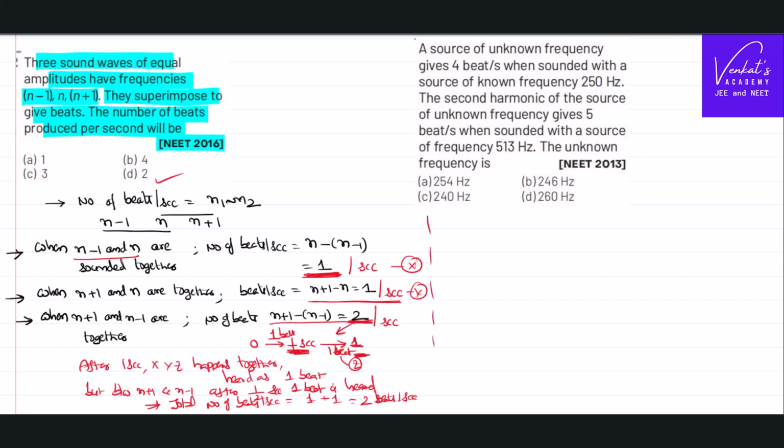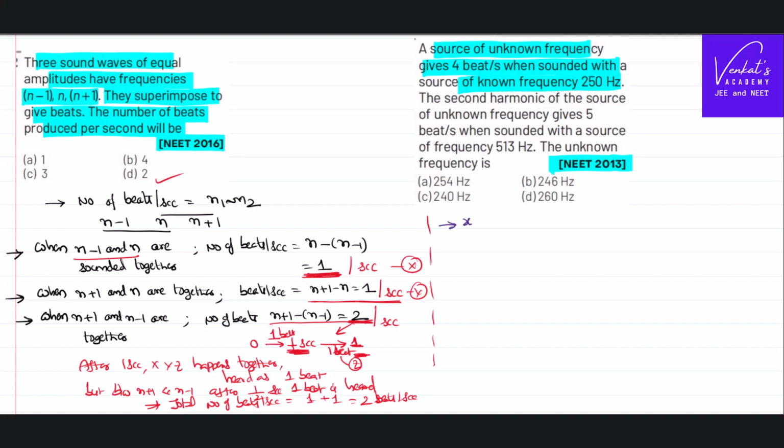The first problem is done. Now after solving the first problem, we can solve the second problem. This one is from NEET 2013. It's also a simple problem. A source of unknown frequency gives 4 beats when sounded with a frequency of 250 Hz. What's the meaning of that?